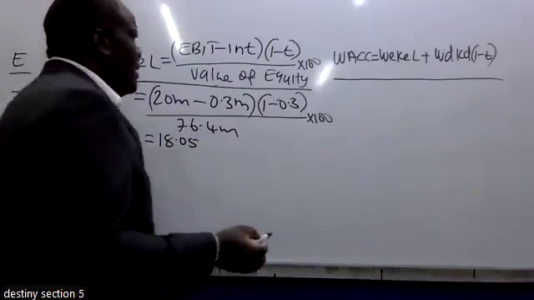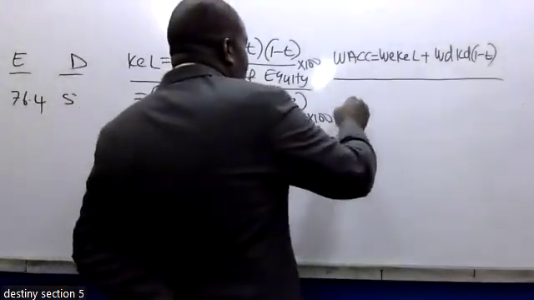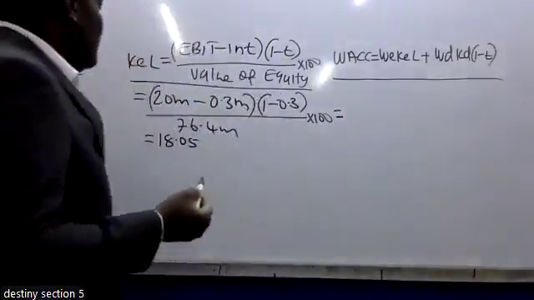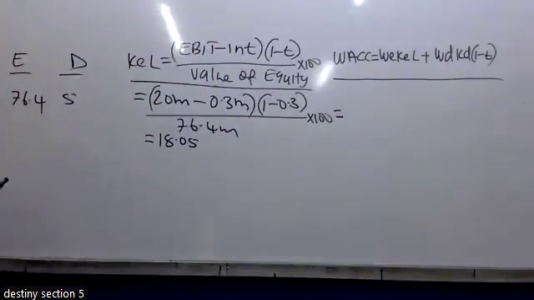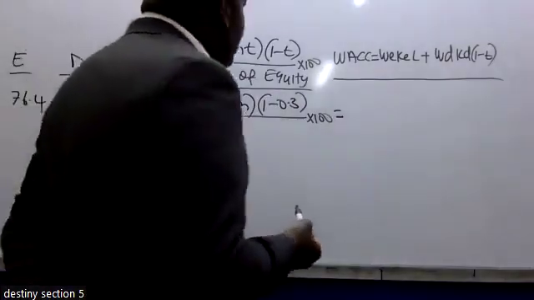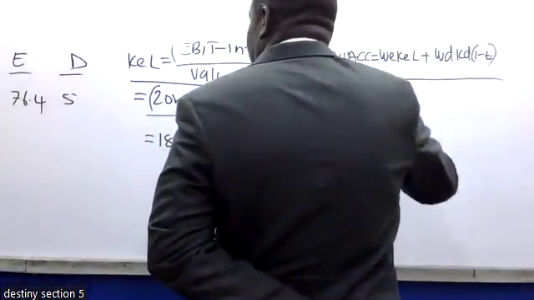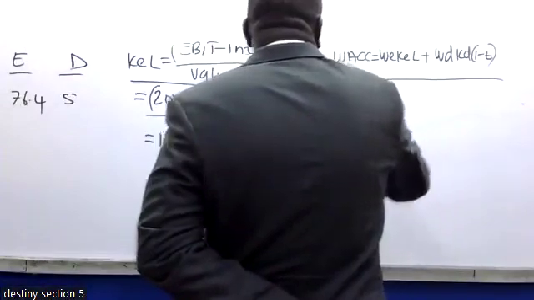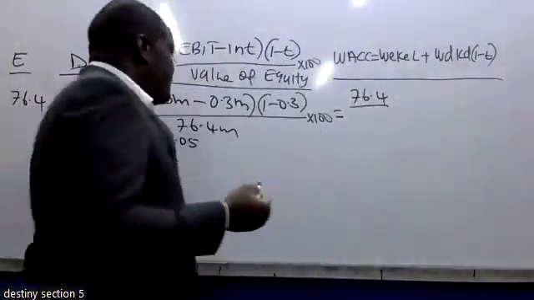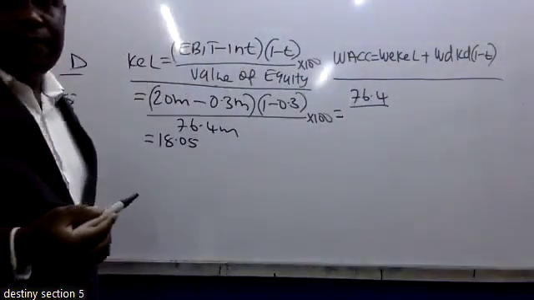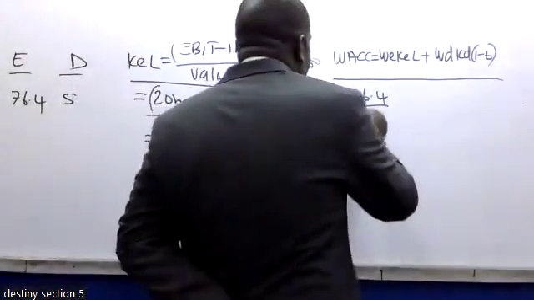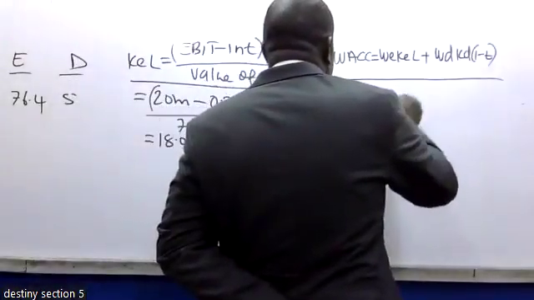Yeah, so now when it comes to calculating the WACC, so weight for equity, you simply take 76.4. So total is how much? 81.4.